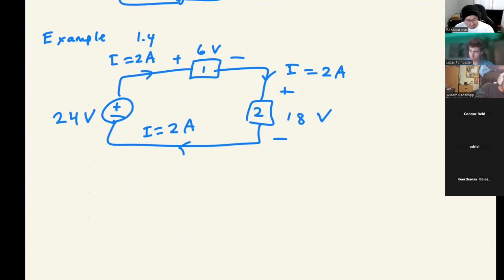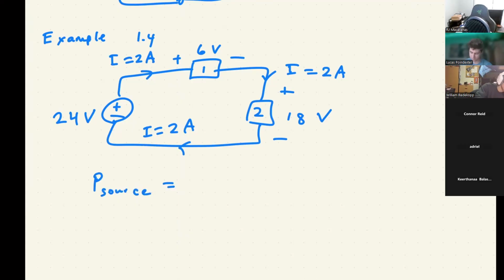We'll get to why that is in a moment. Here we're trying to determine the power absorbed or supplied by the elements in this network. I'm going to call this power the source.